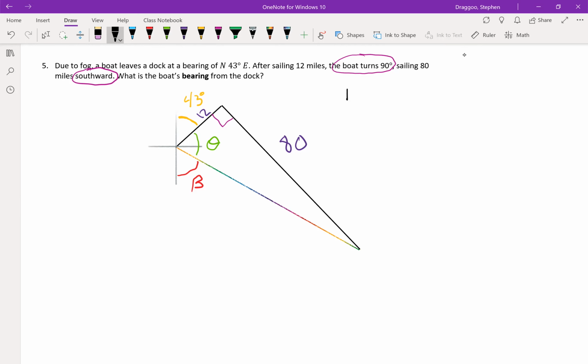So this time I have the equation 180 is equal to 43 plus theta plus beta. Which means I'm still just going to be looking for that angle theta again.